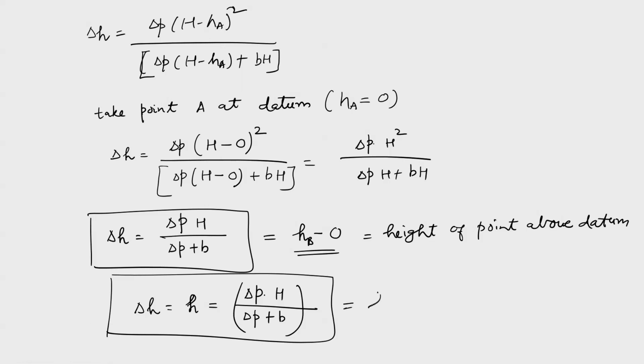It is nothing but the height of a point above datum. So what is the interpretation here? The interpretation is very simple: if you assume any point at datum, that means datum is passing through point A, and point A itself is on the surface of earth, that is the bottom of the building.